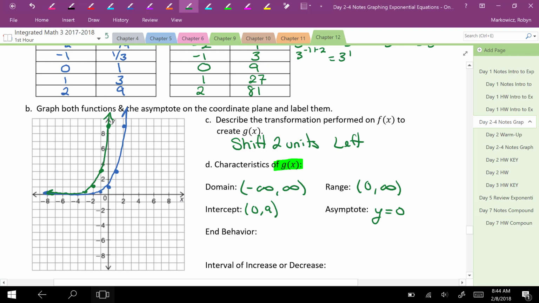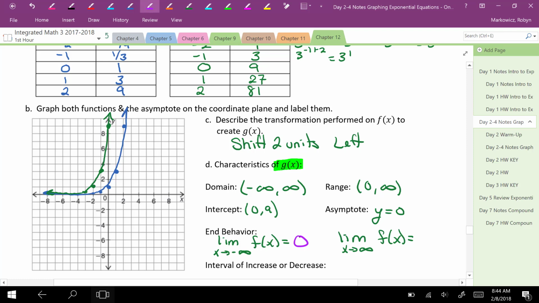All right, end behavior. Let's set up the notation first. The limit as x is approaching the left side, -infinity. What is the function doing? Don't answer. And the limit as x is approaching the right, +infinity. What is the function doing? As I go left, as x is getting smaller, where's my function going? 0. As I go right, where's my function going?